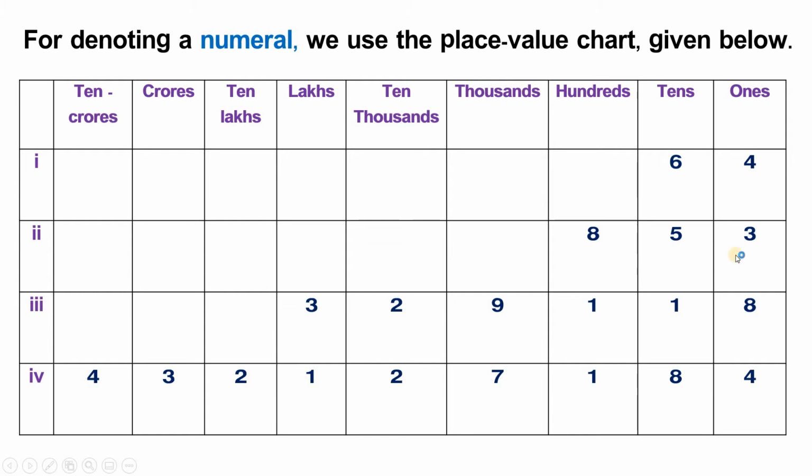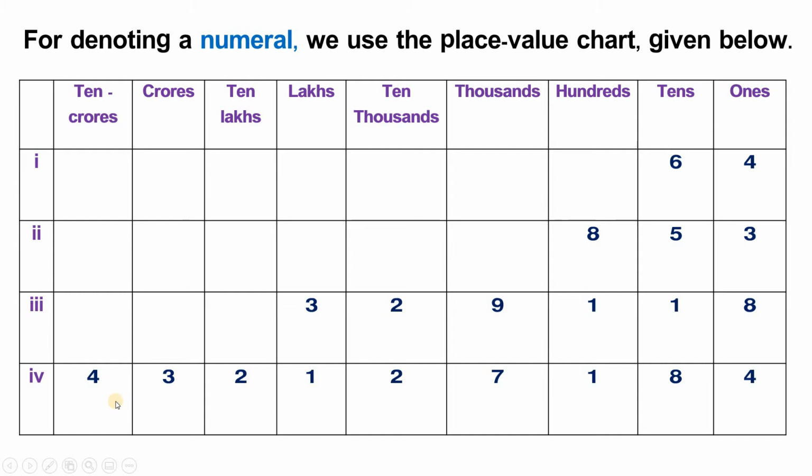Second, 853. That means 8 hundreds, 5 tens, 3 ones. Total 853. Third example, 3 lakhs, 20,000 and 9,000, that means 3,29,000 plus 118, which is 3,29,118.